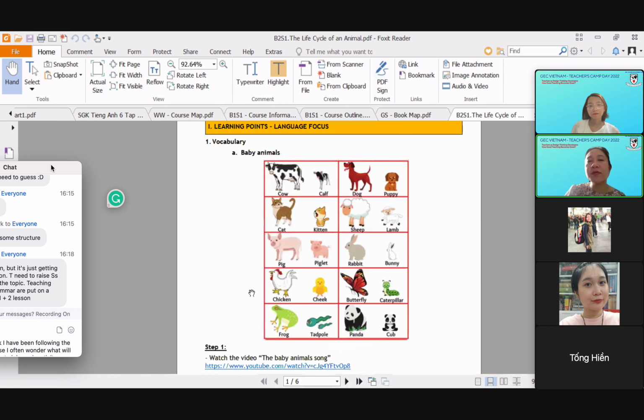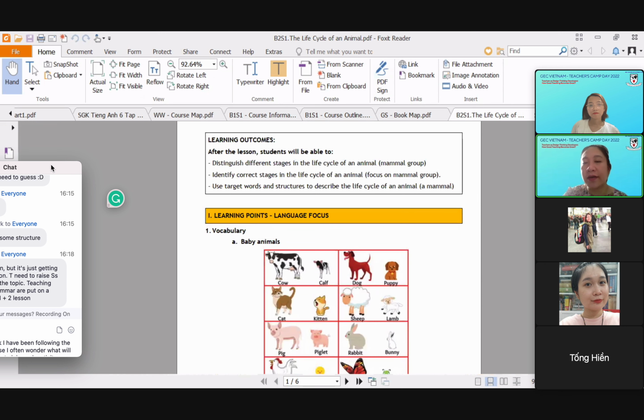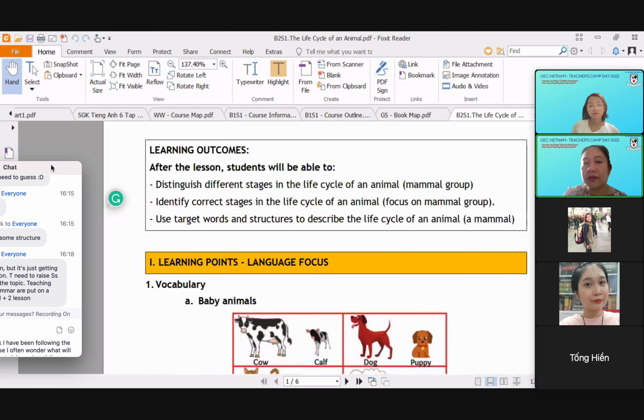So, is this a very small lesson? What do you see here? I would like you to focus on the first outcome, distinguish different stages in the life cycle of an animal. So, how can students distinguish the different stages in the life cycle? How can we organize the activities?